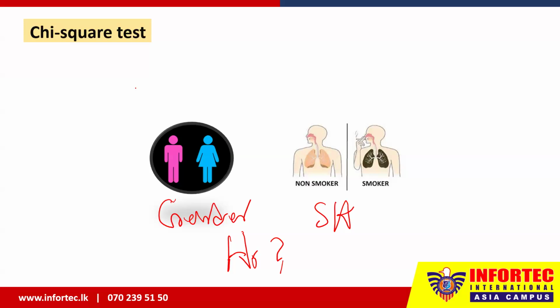Okay, if you're considering variable A and B, what is your null hypothesis? If you want to find out whether there is an association between variable A and B, what is your null hypothesis? Earlier I mentioned, what is that?